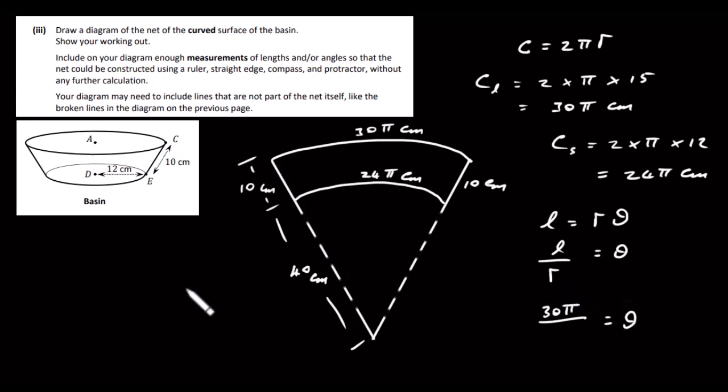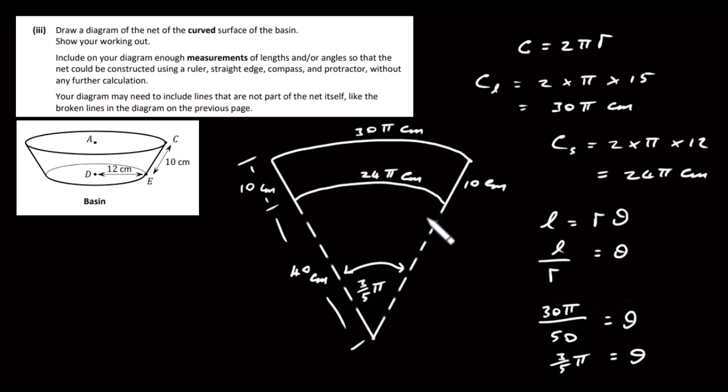If this was a complete circle around here, the radius would be 50. So that means our angle here is just 3 over 5 pi. So this angle here is 3 over 5 pi, and that's it.